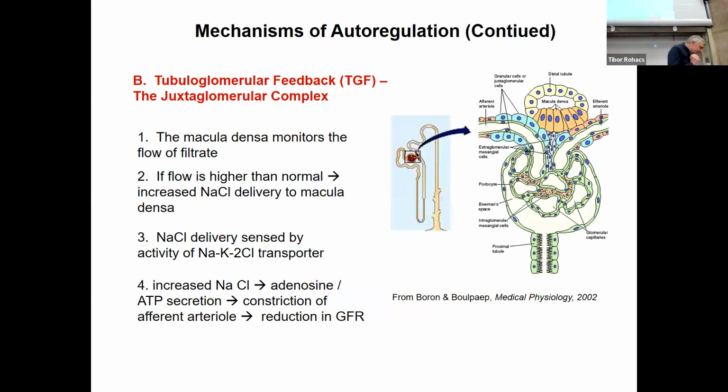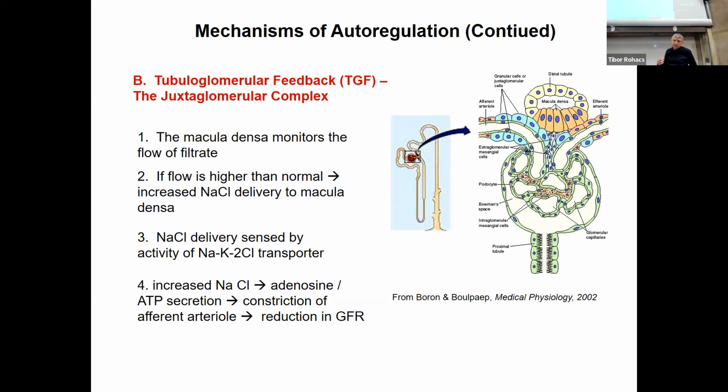But the kidney has an additional mechanism, which is called the tubuloglomerular feedback. And this is where the importance of the macula densa, this recurrent reconnection of later parts of the nephron with the glomerulus, becomes important.